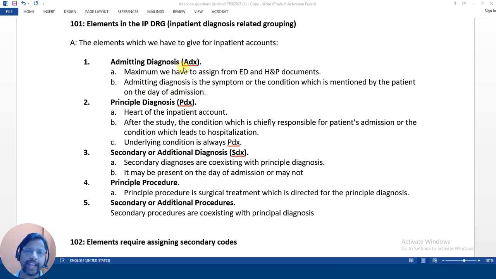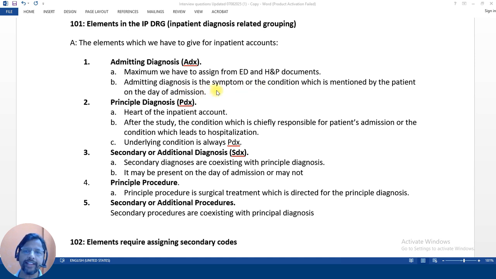First one is admitting diagnosis. Admitting diagnosis means the reason for the patient's visit. Most of the time we need to use ED and HMP documents for admitting diagnosis. So what is the admitting diagnosis? It is the symptom or the condition mentioned by the patient on the day of admission.